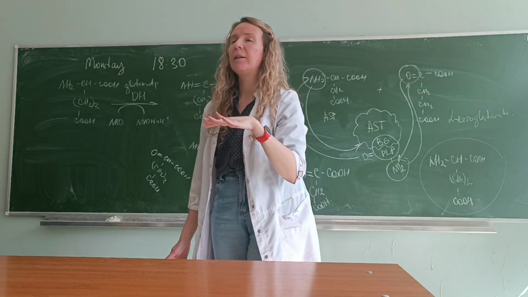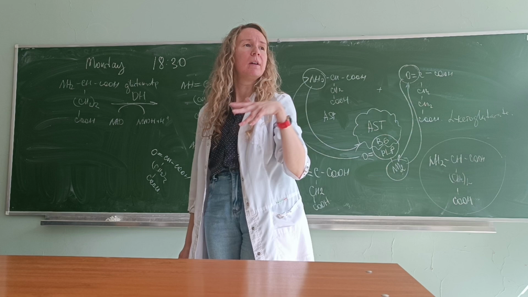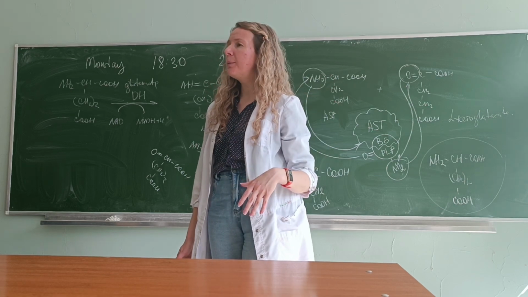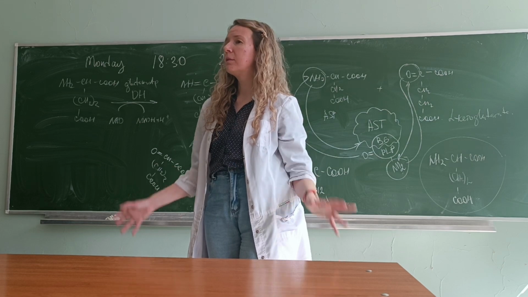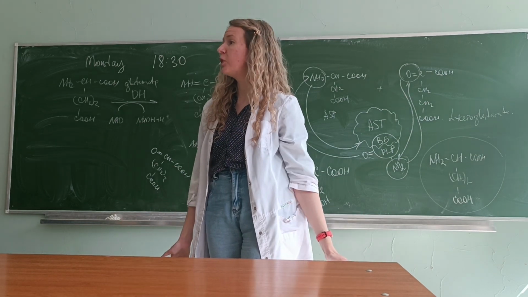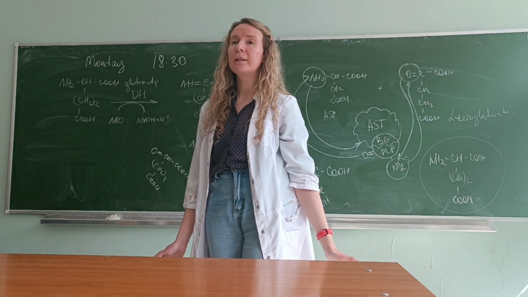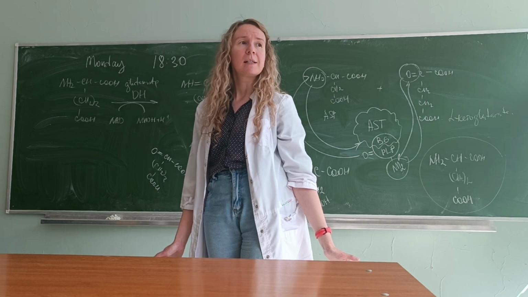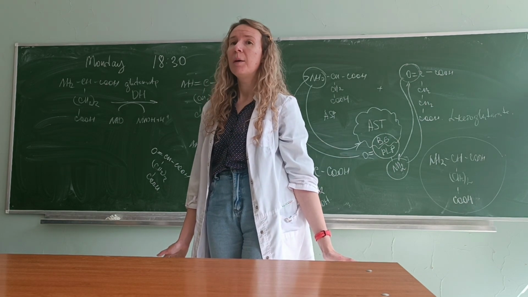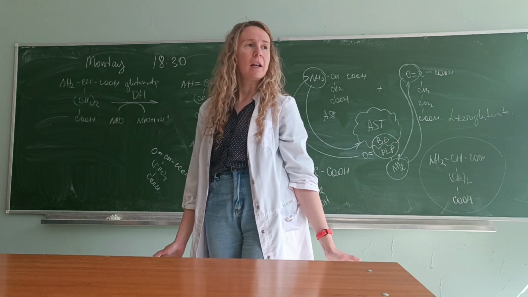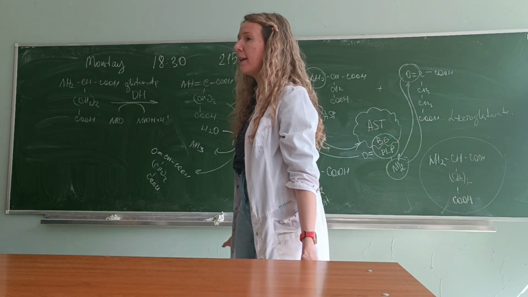And last, the fourth way of getting ammonia, it will be putrefaction in the gut, in the digestive tract. If we do not absorb all amino acids, some amino acids will be putrefied by our bacteria, and we can get ammonia in the end.